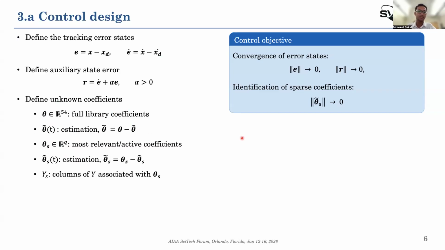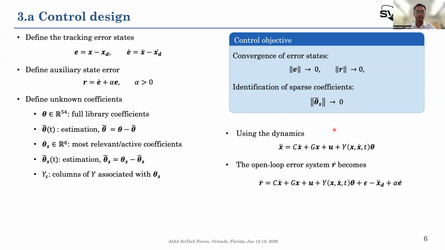And from this, now we can form our control objective. The first part is we want the error states to converge, and at the same time, we want to identify the sparse coefficients of the unknown part. That means the sparse coefficient estimation error, theta S tilde, will also go to 0. So from this, we can use relative dynamics to obtain the open loop error system that has the following form.